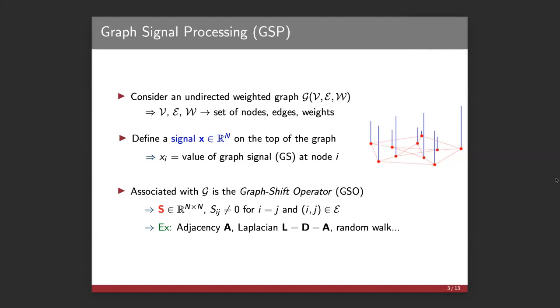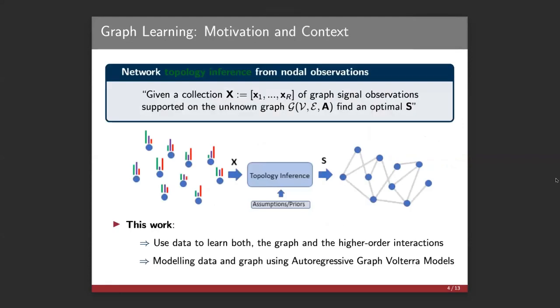With this notation, we are ready to formally define what the graph learning problem, or network topology inference problem, is. We have access to a collection of data at each of the nodes of our network. We don't know the connections between them. So what we do is apply some topology inference algorithms or methods, under certain assumptions or priors on the data or on the topology, to try to find the optimal connections between nodes.